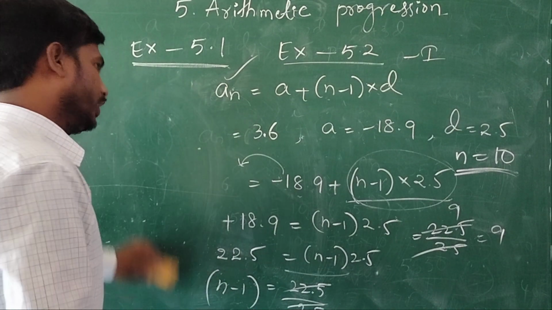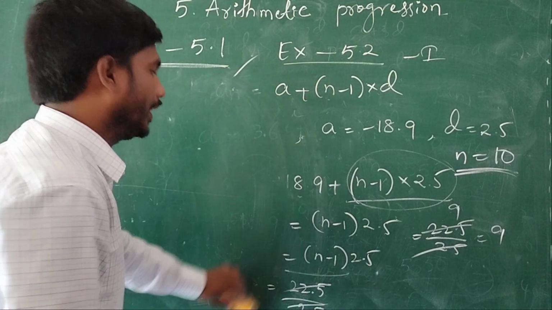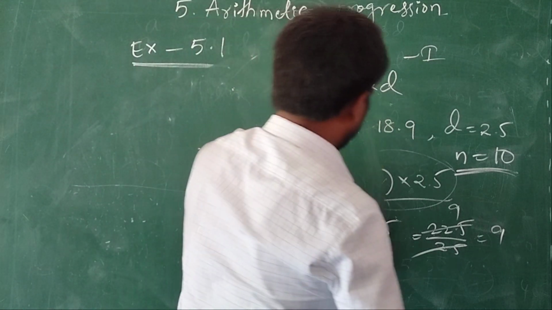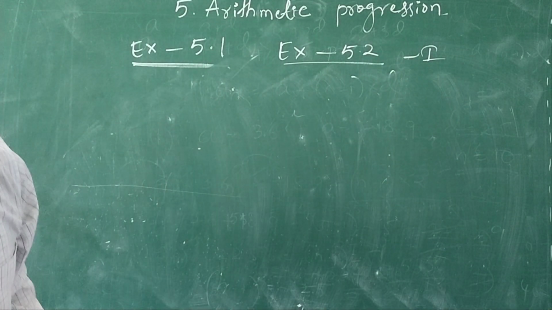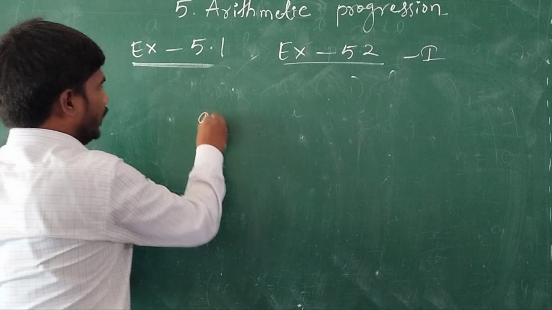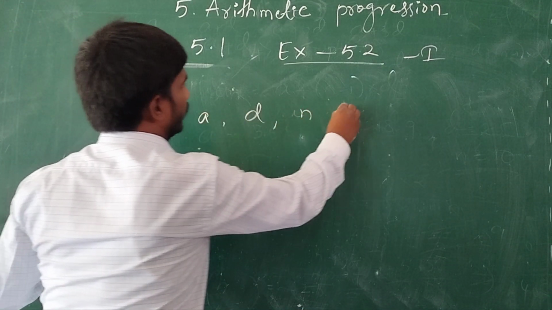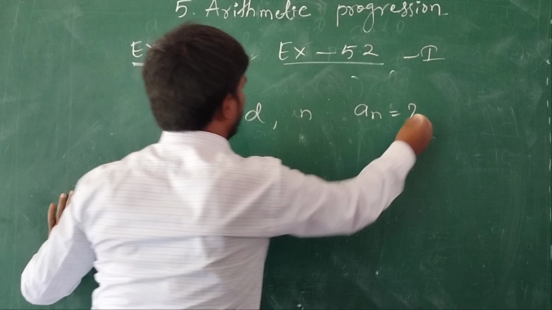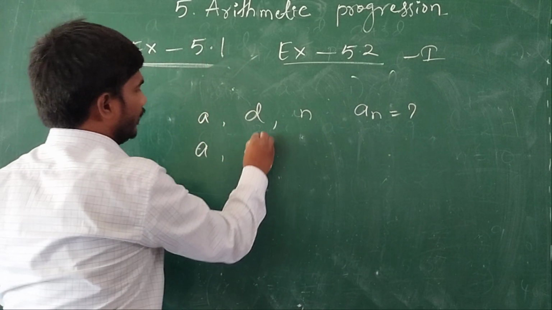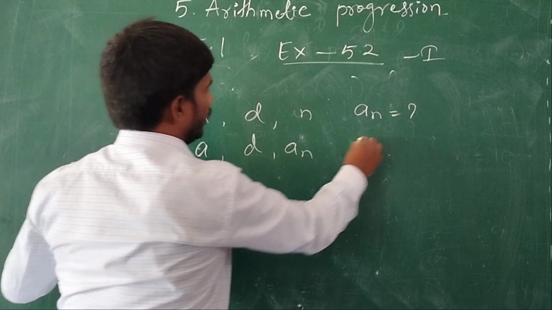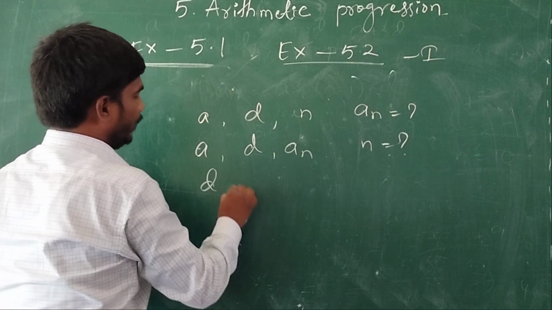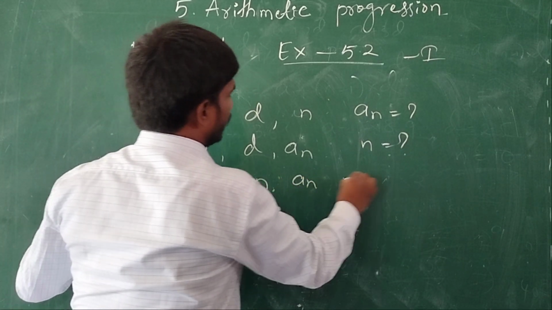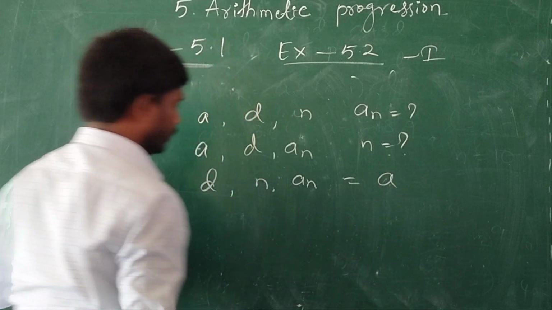So a is given, d is given, n is given, and he asks to find an. In this bit he gave the a value, d value and n value, and now he is asking the an value. In some other problems, a, d, an are given and he asks to find the n value. In some other problems, d, n, an are given and he asks for the a value.